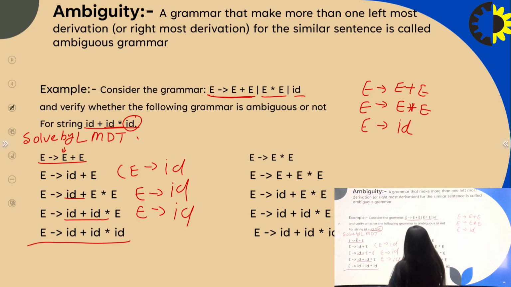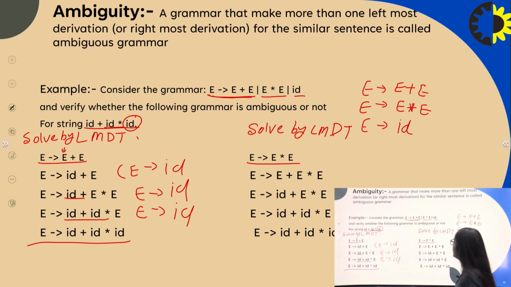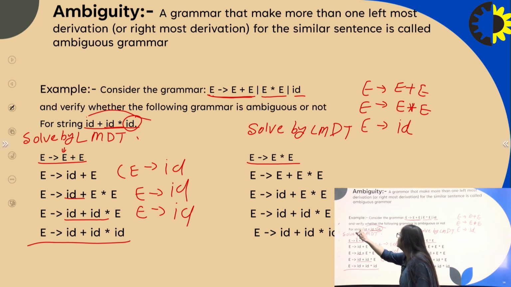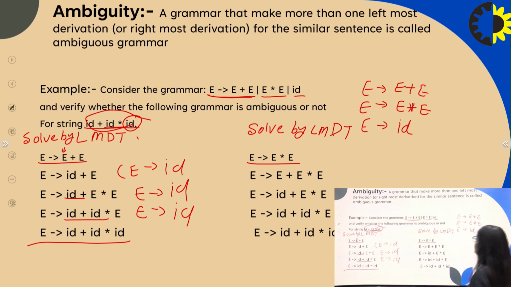Again, we solve by leftmost derivation tree. The second production is E produce E into E, and using this production we find the input string ID plus ID into ID.